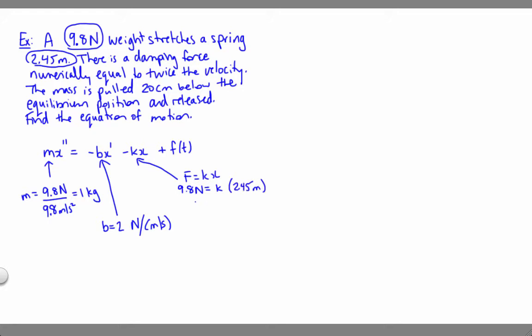So solving for k, if we divide 9.8 by 2.45, we get 4. So the units here are newtons per meter, and that's our spring constant there. There's no mention of external force in this problem, so the external force here is going to be 0.